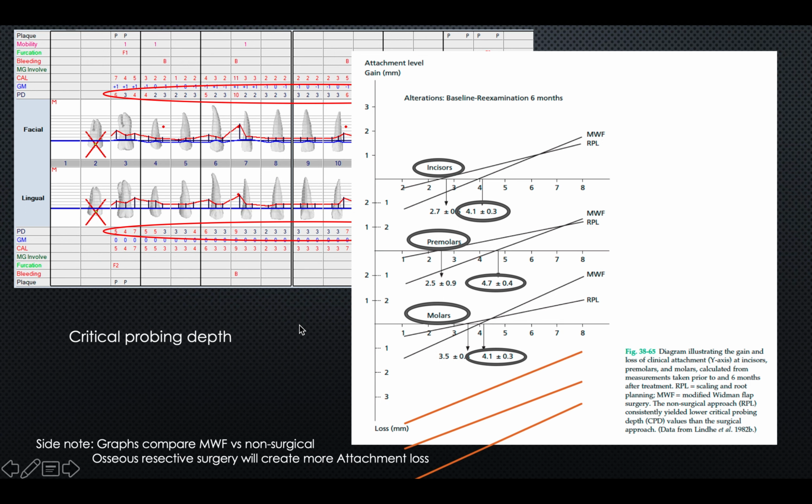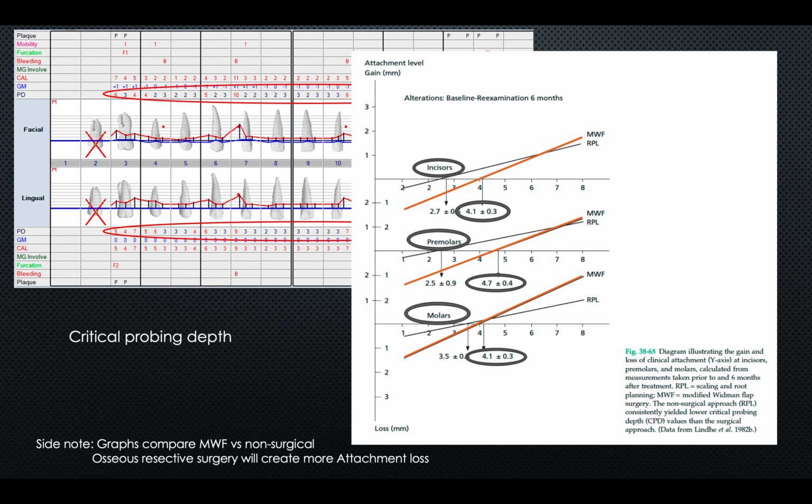So look at this graph again. Now we are focusing on the line which is for the modified Widman flap. For incisors, 4.1 is the cutoff. If I have a probing depth of 4 millimeter for an incisor tooth, and I raise the flap and try to clean and debride the root surface, most probably I'm going to lose some attachment.